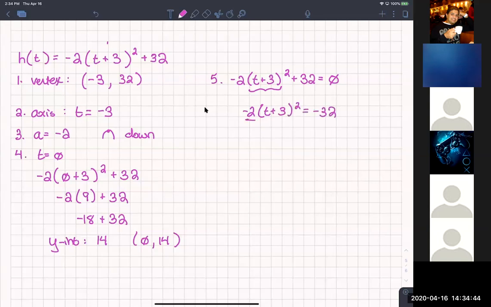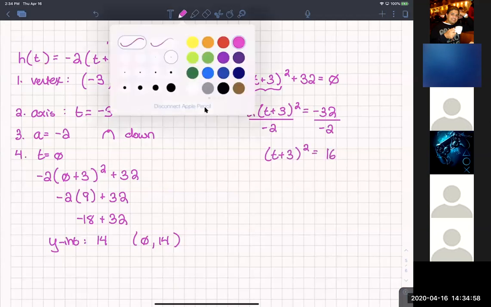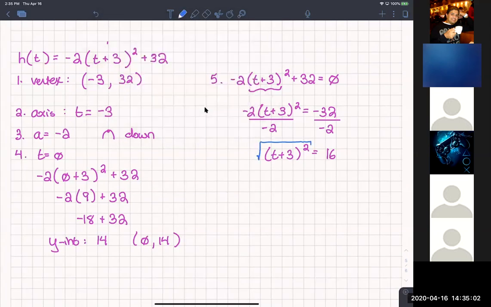Then we're going to divide by -2, because we're trying to get the t plus 3 squared by itself. Then we're going to use the square root property, since now we have something squared equals a number.